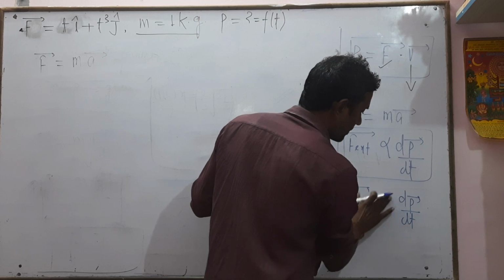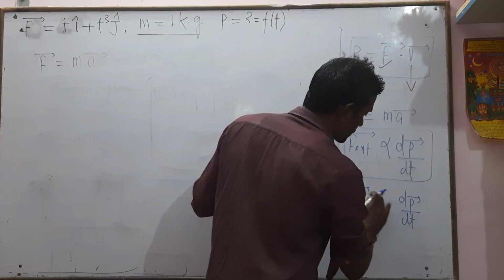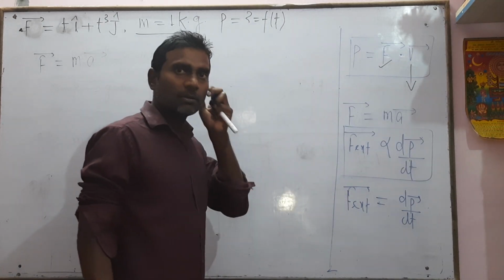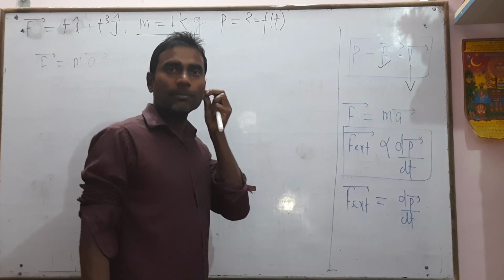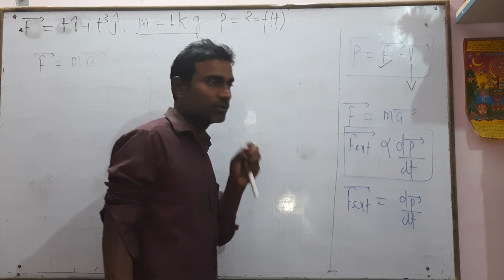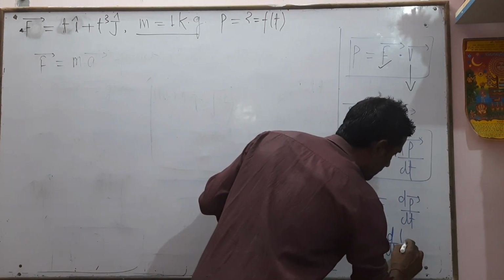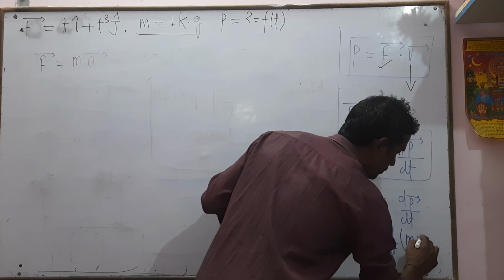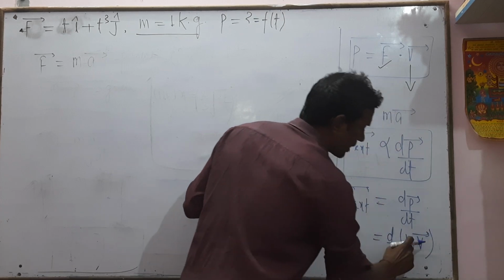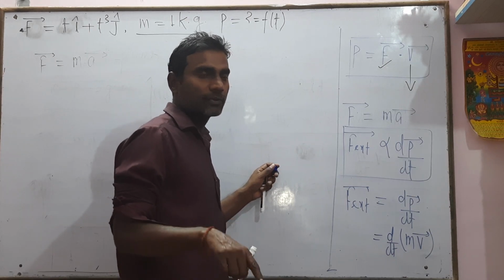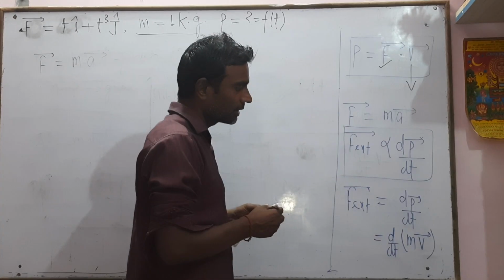By experiment, let us suppose k equals 1. Here p is the momentum, so we can put momentum p equals m into v vector. So d by dt of mass into velocity vector. Let us suppose mass and velocity are both variable, so we differentiate the first into the second.